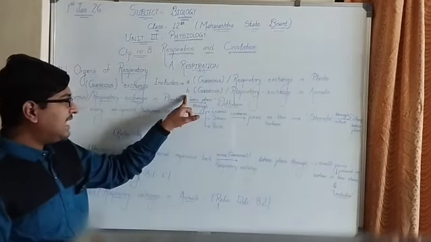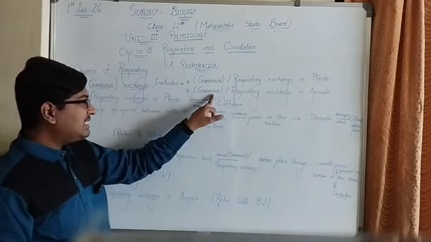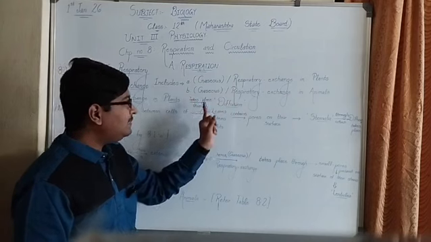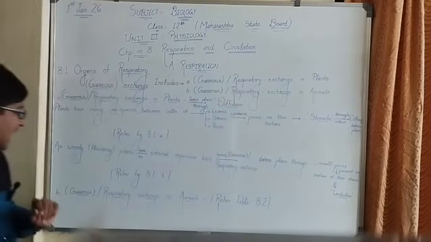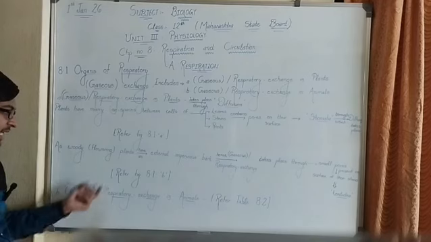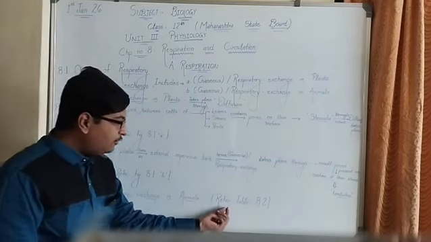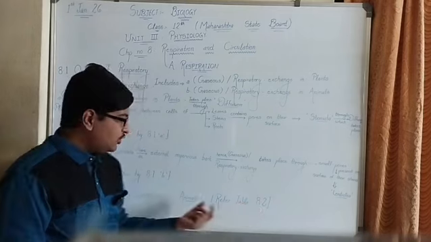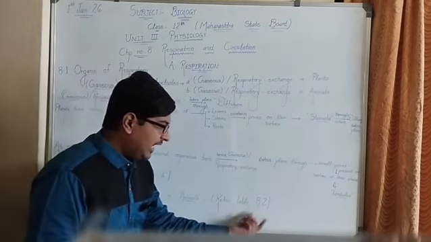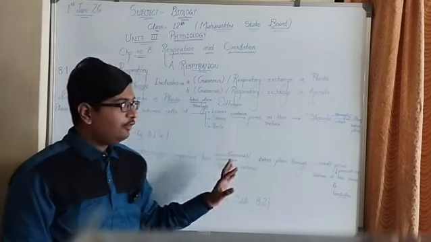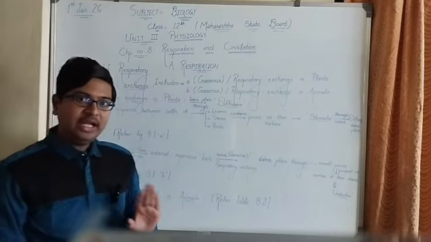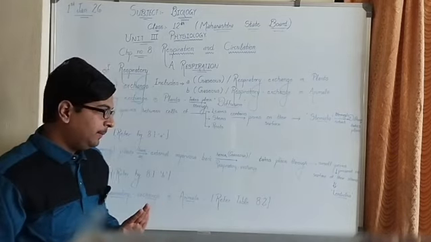Moving on towards the second subbit, which is gaseous exchange in animals or respiratory exchange in animals. This subbit they have represented in the form of a table. In order to understand this, we need to refer to table 8.2 of the Maharashtra State Board textbook, which is quite easy to understand.